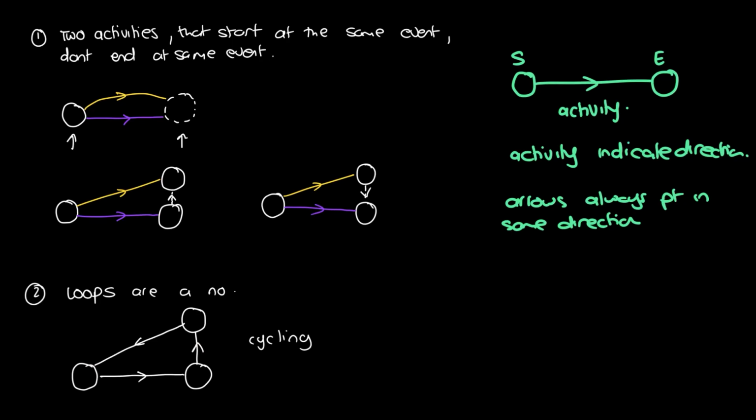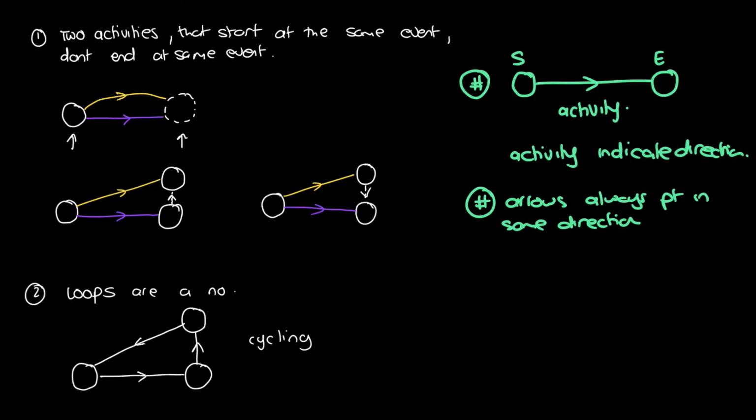If we make sure that in our diagram our arrows all point in the same direction, one, it's clearer for us to see what is going on. And two, it's going to show us when we are creating an error when a cycling situation is going to occur. So we want starting and ending nodes for every activity, and arrows always point in the same direction.